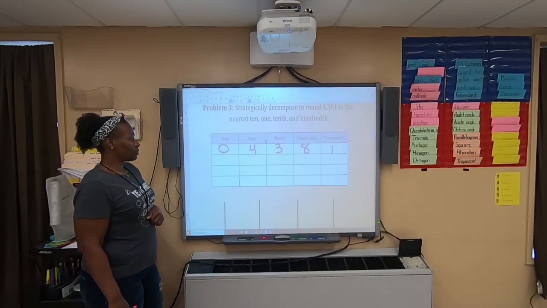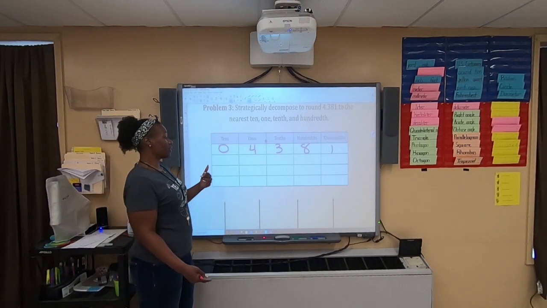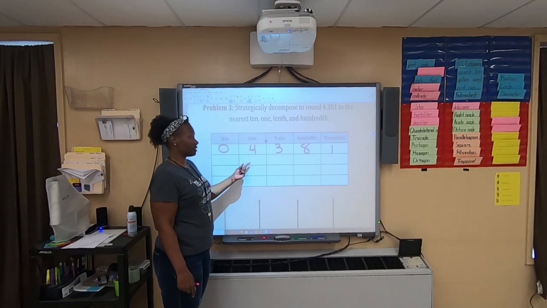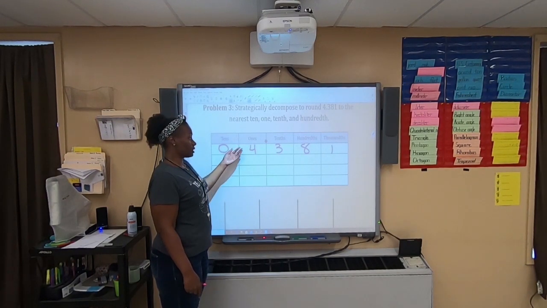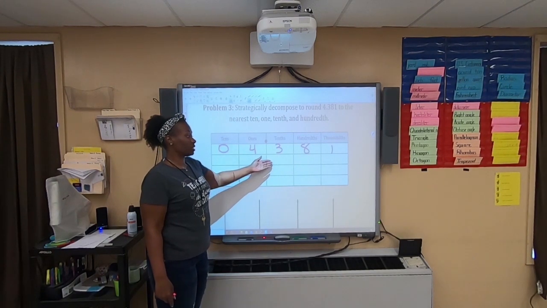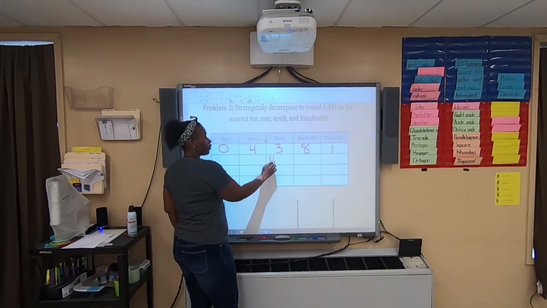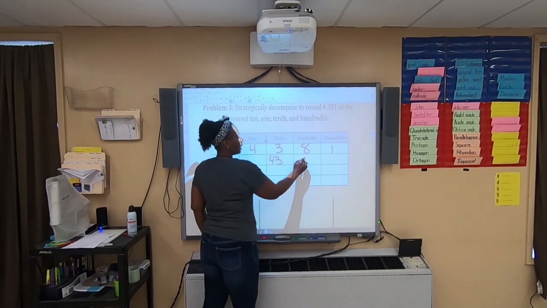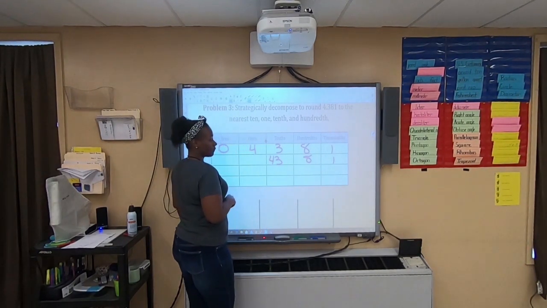Then I can decompose. Notice I don't necessarily have to start with the ones again because 0 doesn't mean anything. So this is also my decompose starting with the ones. So I'm just going to go straight to the tenths. So we got 43 tenths, 8 hundredths, 1 thousandth.